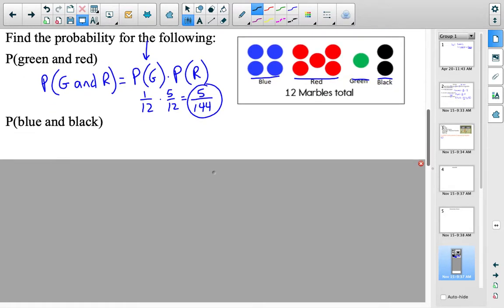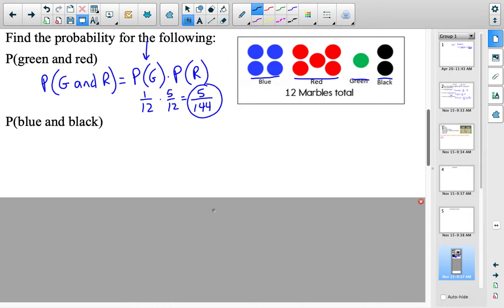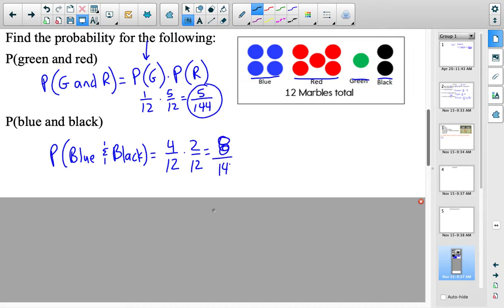Okay. Probability of blue and a black. So probability of blue, I have to spell that out since they start with BL, and a black. Well, the blue is 4 over 12 times the black is 2 over 12. Gives me 8 over 144.